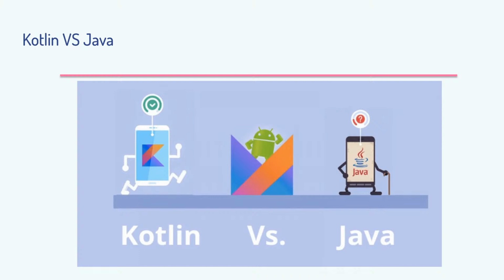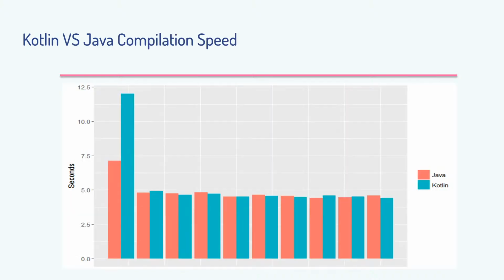One thing we need to know is that we can develop the application using Java also, it's not a problem, but Kotlin is a Google-backed language. Here you can see the blue line represents the Kotlin language and the red bar represents Java.